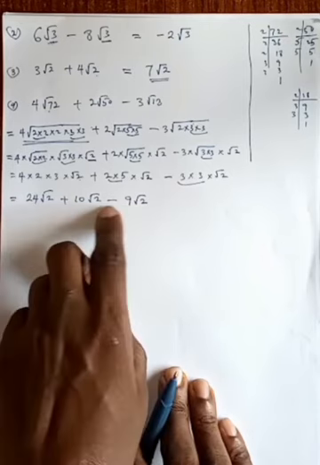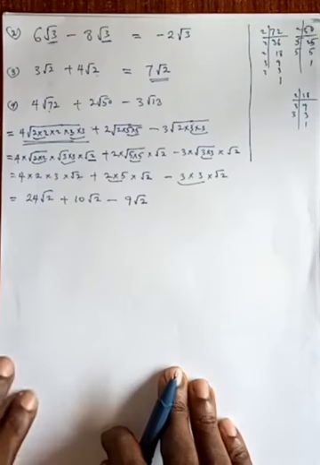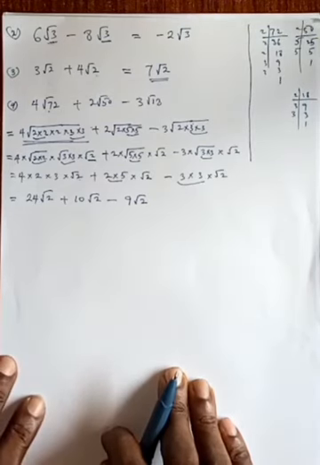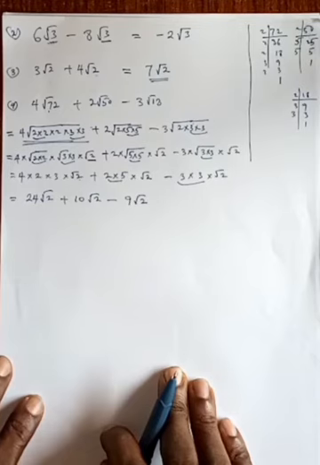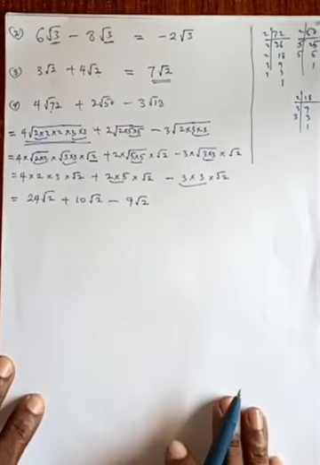So they are all similar. Once they are all similar, addition is possible. Remember, the only thing that will tell us whether to add or to subtract is if the surds are similar. Now that we can see that the surds are similar, we can go over to addition.